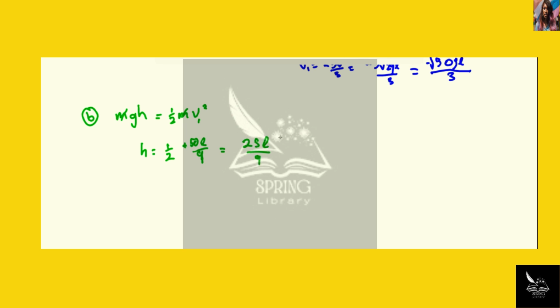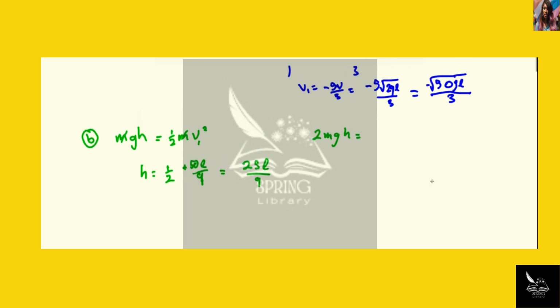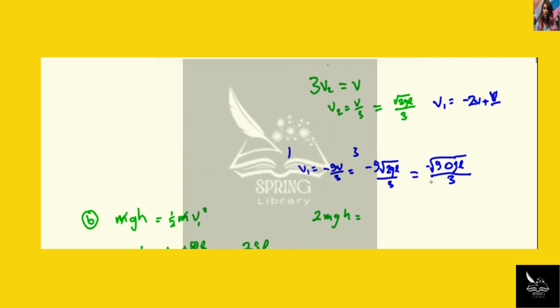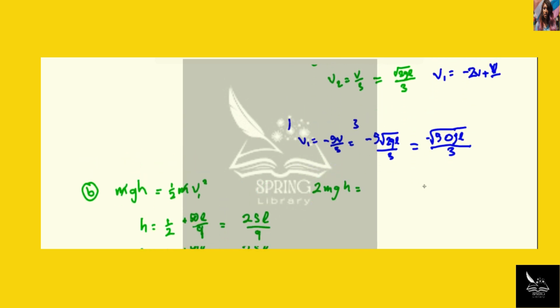And then similarly for the other one, we're going to have 2mgh is equal to 1/2 times 2m times v2 squared, where we're going to have this right here, the square root of 2gL over 3.